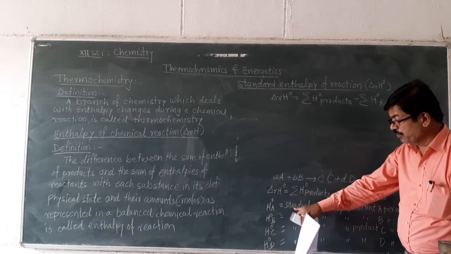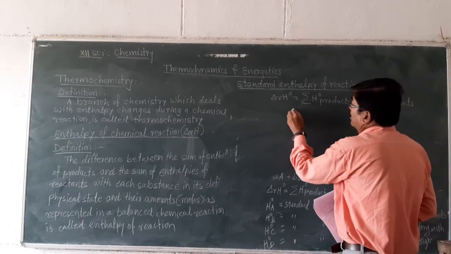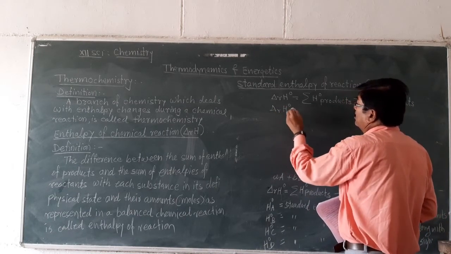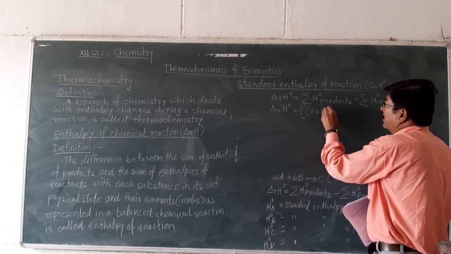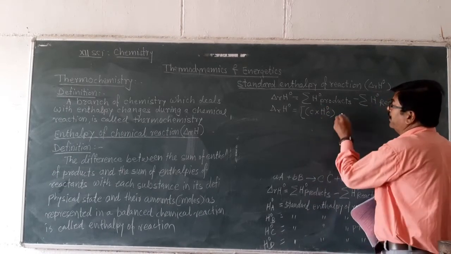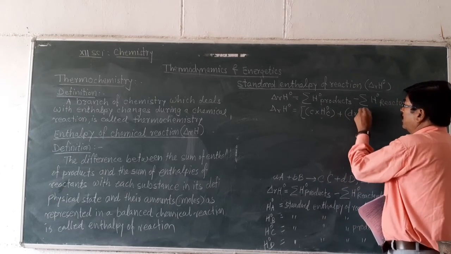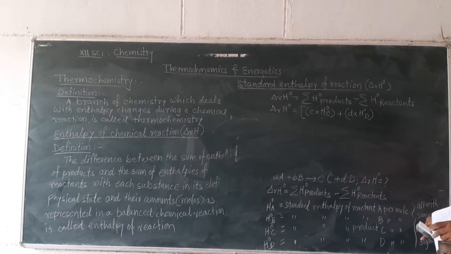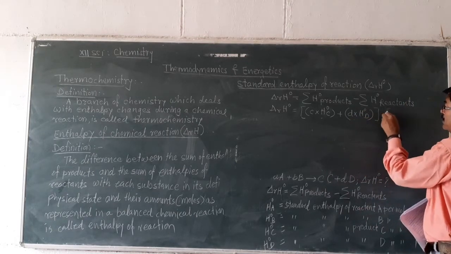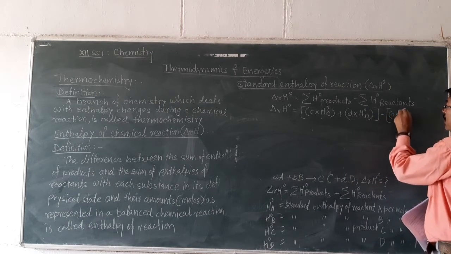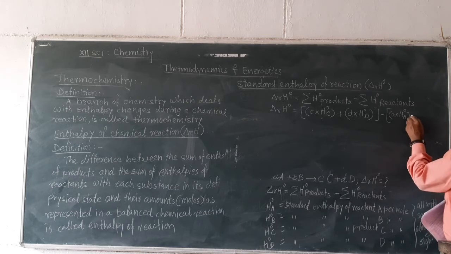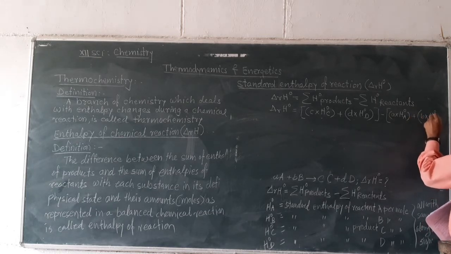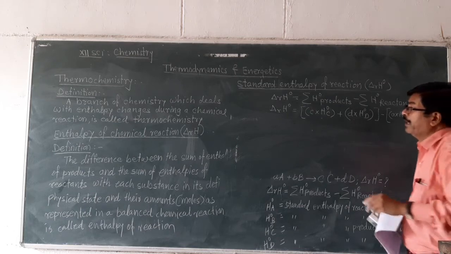Now, as per the balanced equation, you have to put the values. Delta H naught is equal to c, the number of moles of product C, times the standard enthalpy of C, which gives the total enthalpy of product C, plus d times the standard enthalpy of D. This bracket gives the total enthalpy of product D, minus a times the standard enthalpy of A. This product gives the total enthalpy of reactant A in the equation, plus b times the standard enthalpy of B. This bracket gives the total enthalpy of reactant B involved in the reaction.